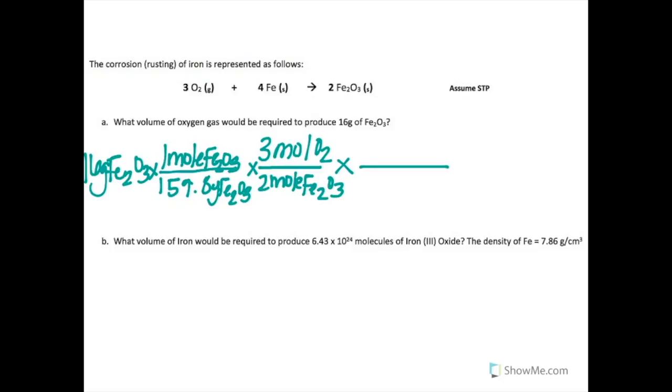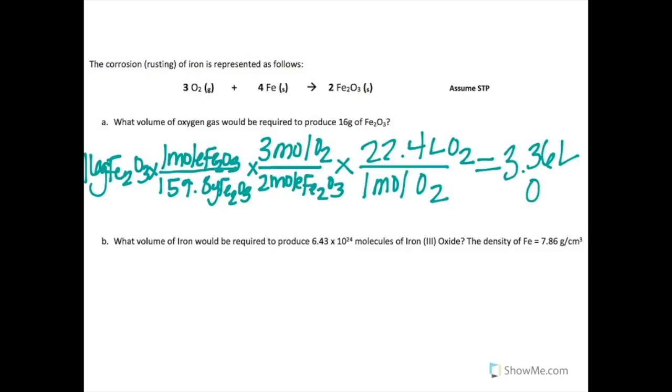On the bottom you will write 1 mole of oxygen gas is equal to 22.4 liters of oxygen gas, which is true. Now when you do the total calculation, that equals 3.36 liters of oxygen gas. So this is how you would do the example using the 22.4 liter conversion factor as you've learned so far with oxygen gas.